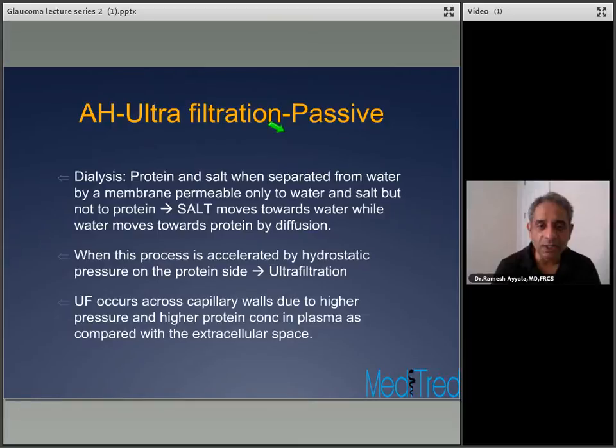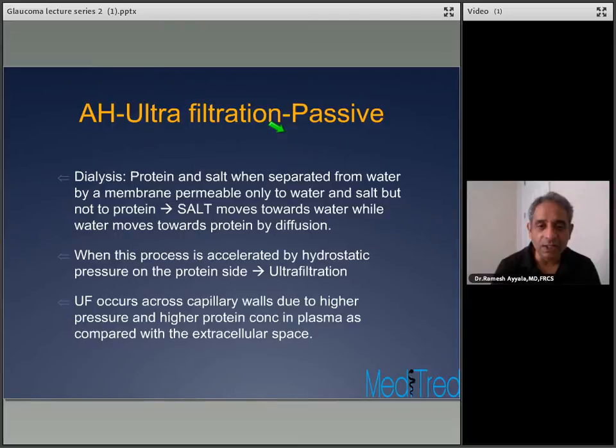What's going to happen is that, and this membrane, let's assume, is permeable only to salt and water, in which case you have salt moving this way and you have water moving this way, to the extent that the salt and the water content on either side equilibrate. Till such time you have these pathways going back and forth, right? And because the protein cannot move out of this membrane, protein will stay on this side. And this is how dialysis works.